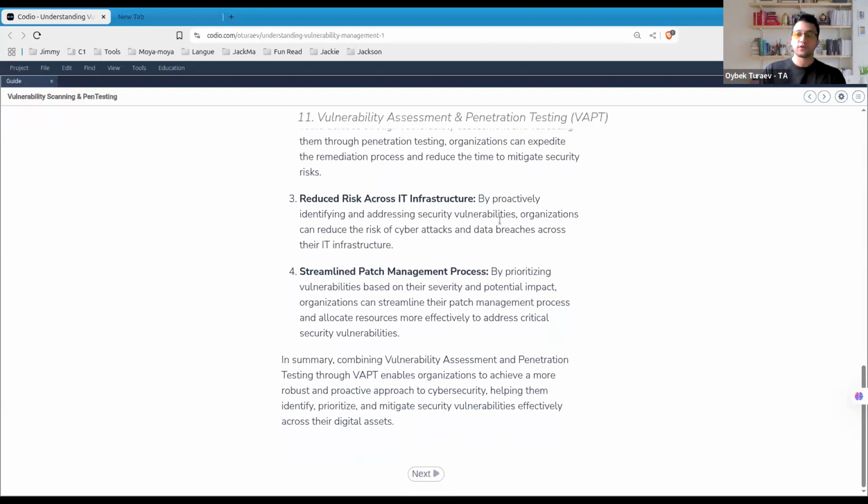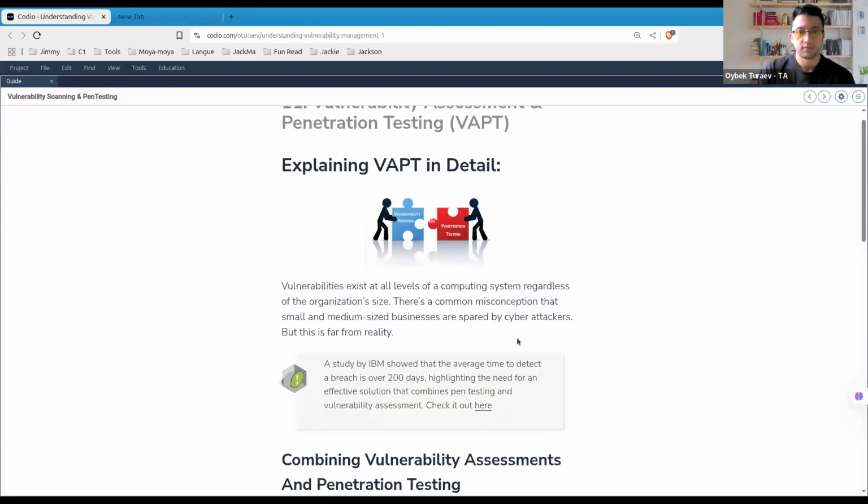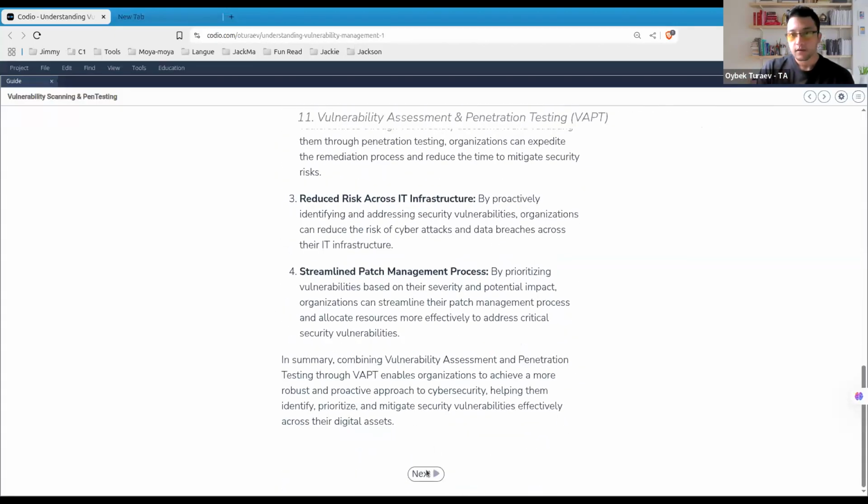As a part of vulnerability management, we're gonna run patch management as well to fix the vulnerabilities. That's how crucial patch management is, and how important it is as a part of vulnerability management. So please remember this information: VAPT, the combination of vulnerability assessment plus penetration testing.